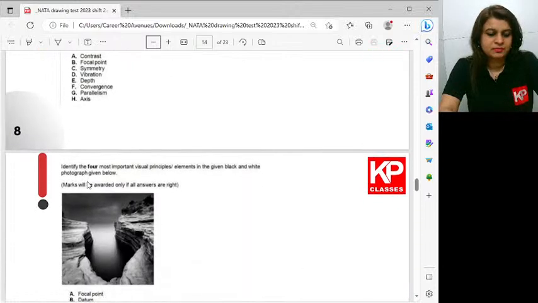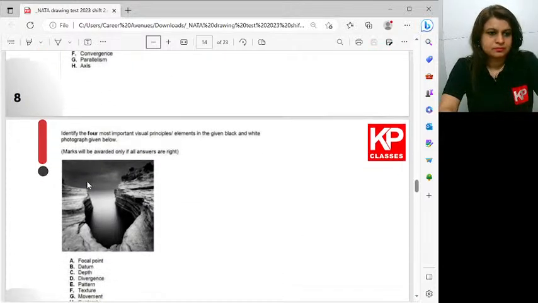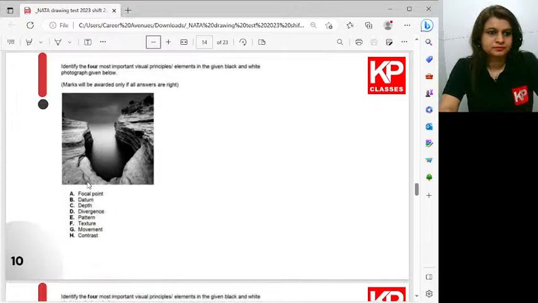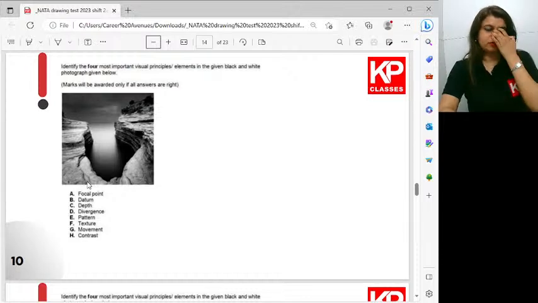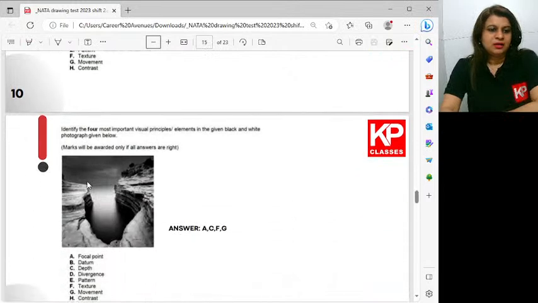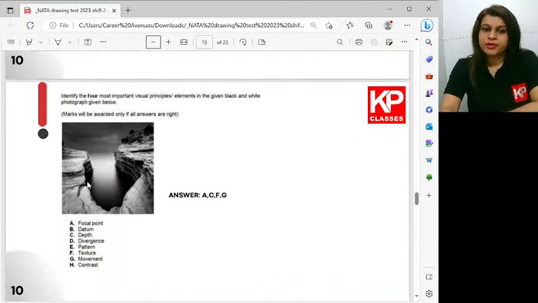Moving ahead, again, identify the 4 most important visual principles, elements in the given black and white photograph. So, what are the elements that we can see? Again, focal point, because this is where you're focusing.